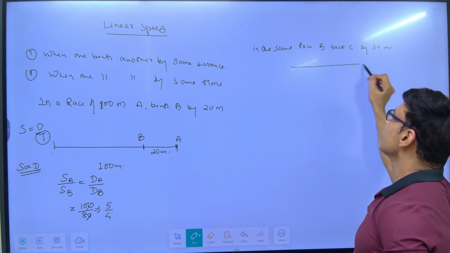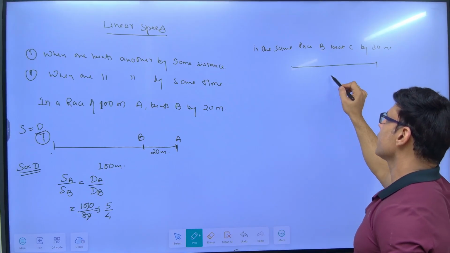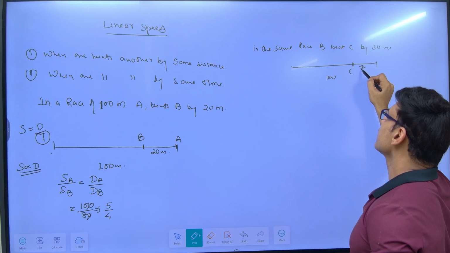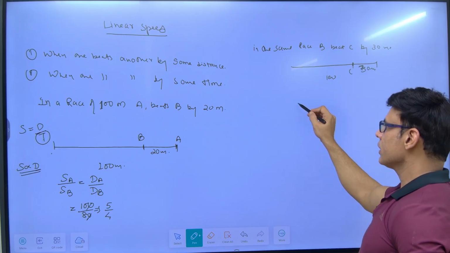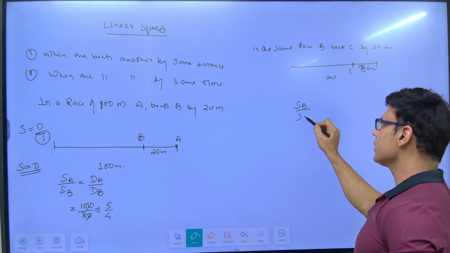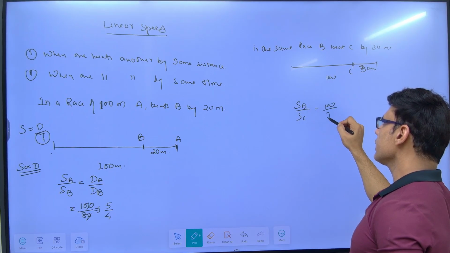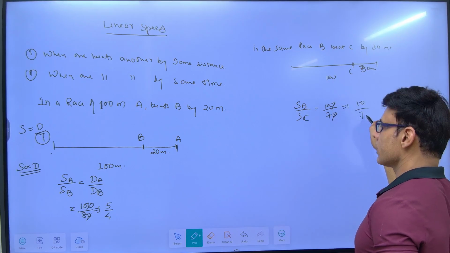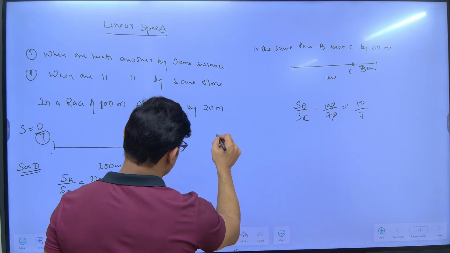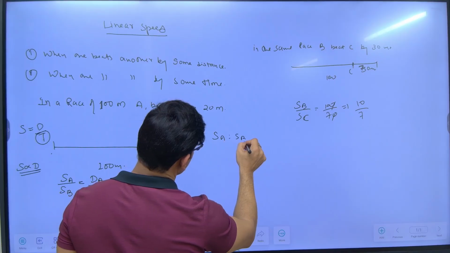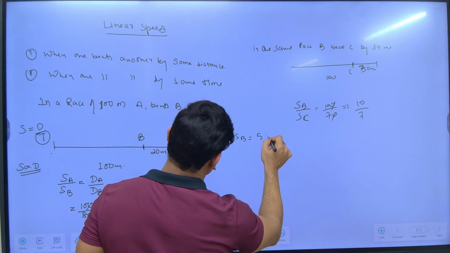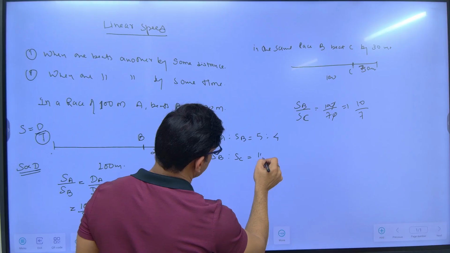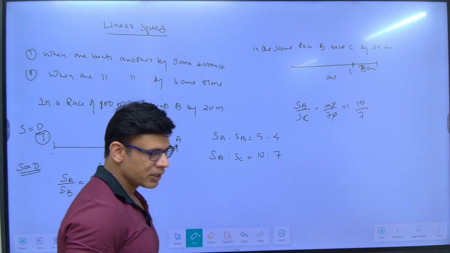That means when B covers 100, C is 30 meters behind, at 70. So the ratio of B to C will be 100 by 70, which is equal to 10:7. Now the ratio of speed of A to B came out as 5:4. What is the ratio of B to C? 10:7.